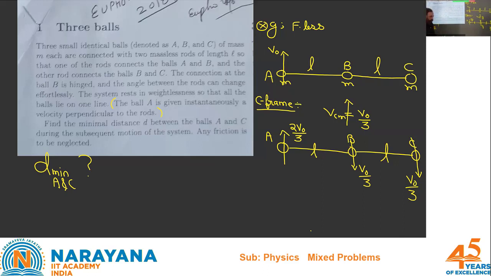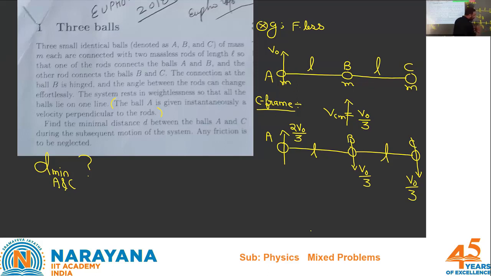Now, remember, B will not behave as the center of mass of this system always. Wherever that hypothetical space point is, it will keep on moving on a straight line. If you observe from this frame of reference, this system will orient itself into an isosceles kind of triangle. I will try to draw that orientation, but it is not on scale.